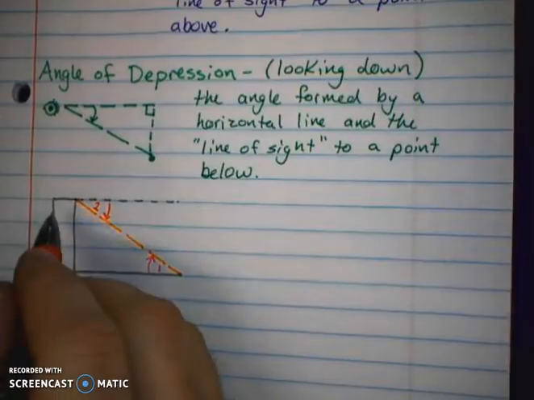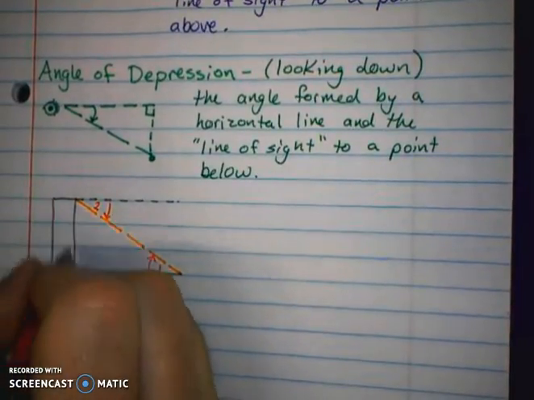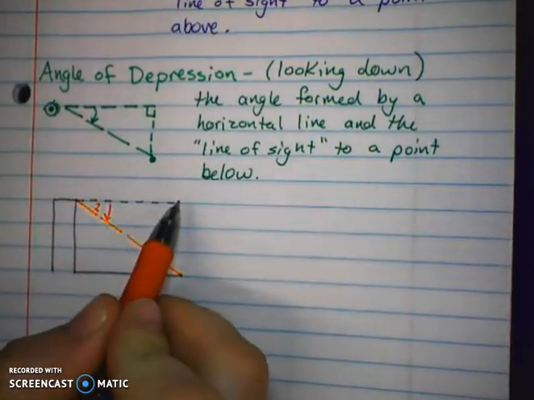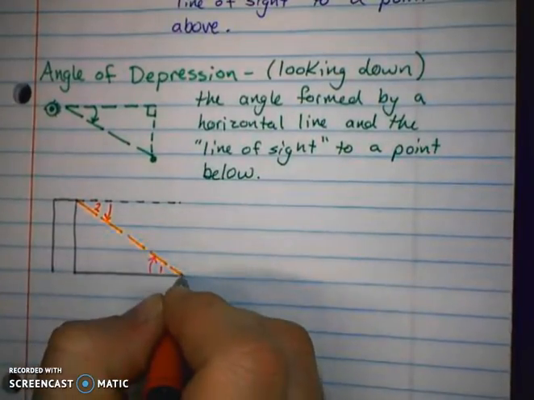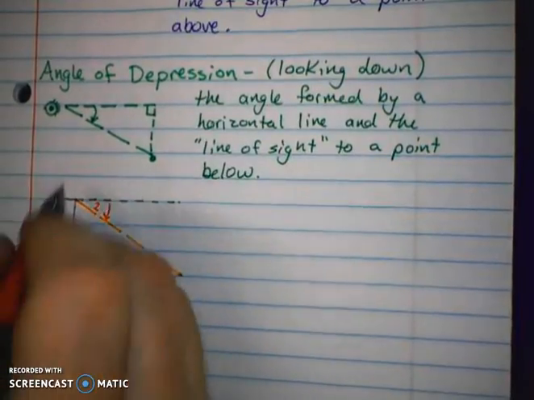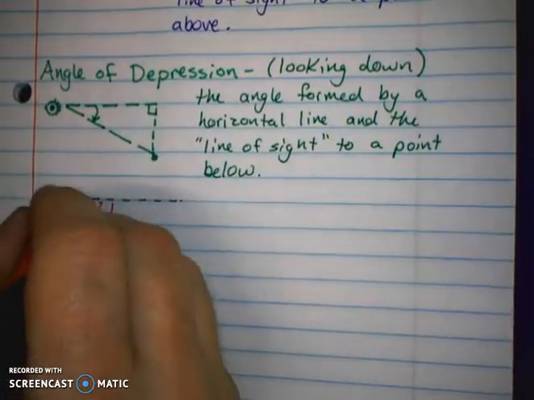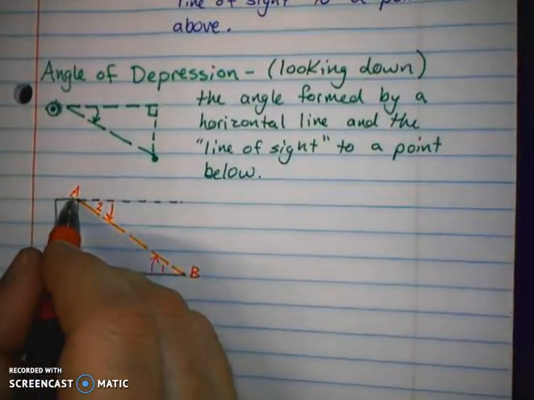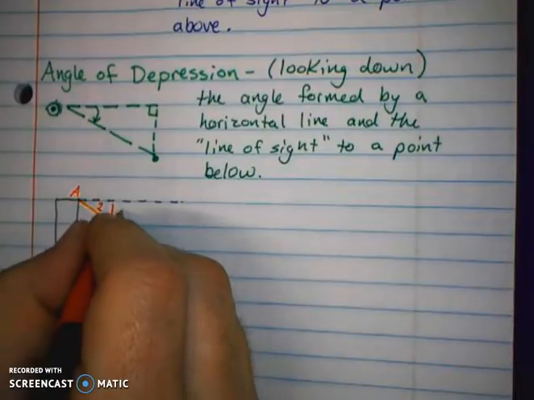Alright, so here's what I've drawn here for you. Pretend it's a building. Pretend there's a person at the top of that building looking out at the horizon this way, but then along the ground level out here, there's another person looking up. If I have this person looking down at the person below, we'll call that person A, this person B. When person A looks down at person B, he forms an angle of depression.